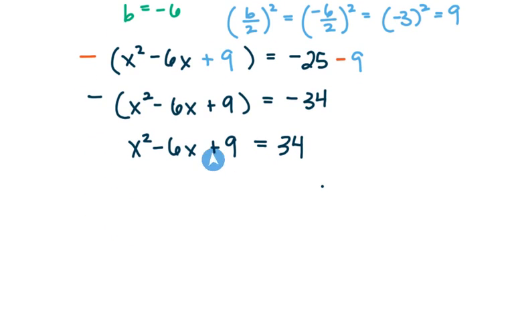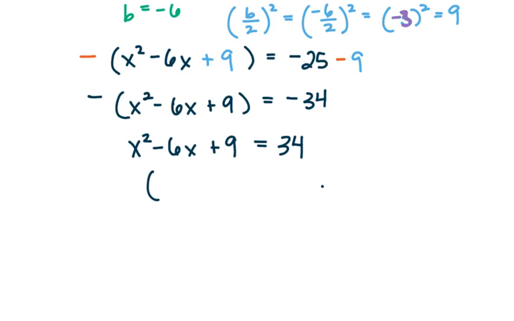So if I look at factoring the left, I pick that magic number so that this would be factorable. How would I factor this? And that would be negative 3 times negative 3. You'll notice negative 3, that's the value we had in our parentheses over here before we squared for our magic number.